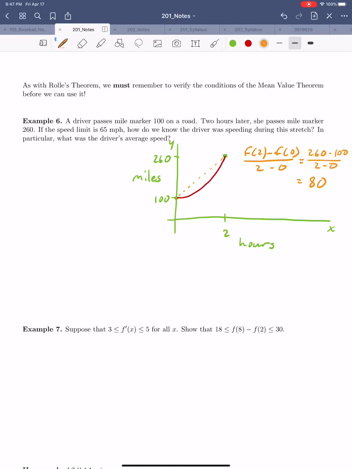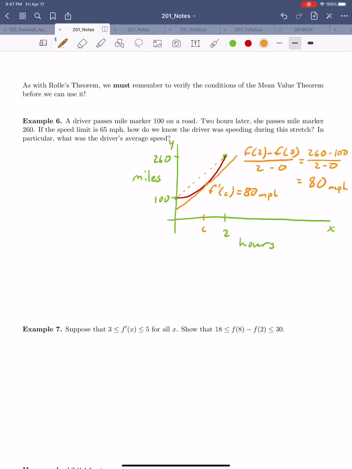And you say, well, hey, you don't actually know that I was ever speeding at any one point. The officer says, actually, by the mean value theorem, there's some value c, I'm not exactly sure where it was, but sometime between 0 and 2 hours, that you were actually going 80 miles an hour.